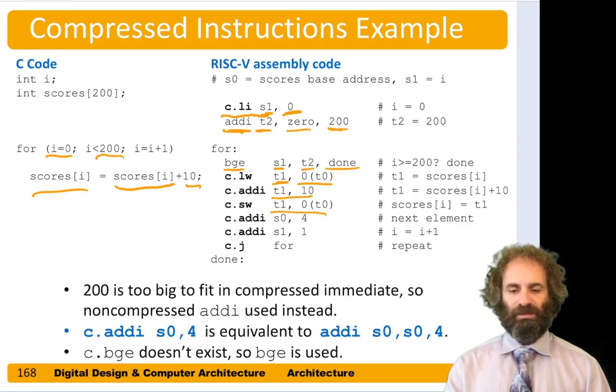Looks like we didn't initialize T0, should have been pointed to the beginning of the array. Then we could add 4 to S0 to go to the next part of the base address. So this looks like this should have been S0, base address. So bump the pointer up to the next part and add 1 to I and continue until we're done.